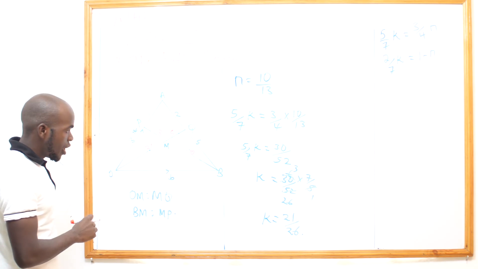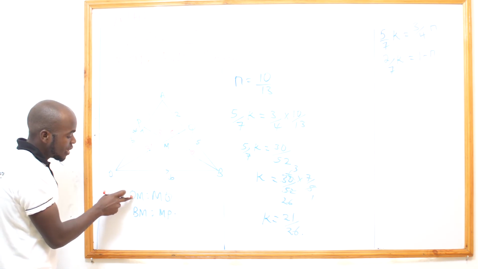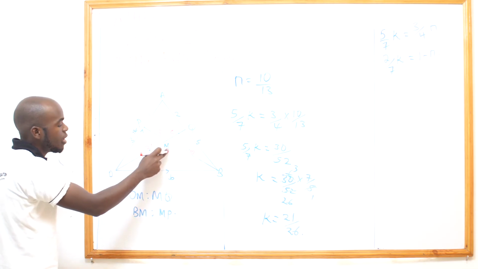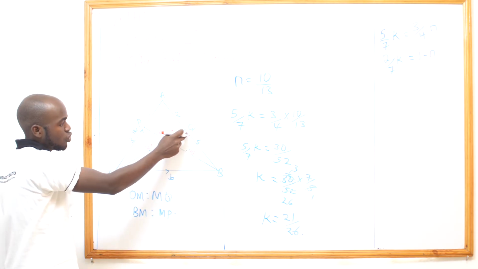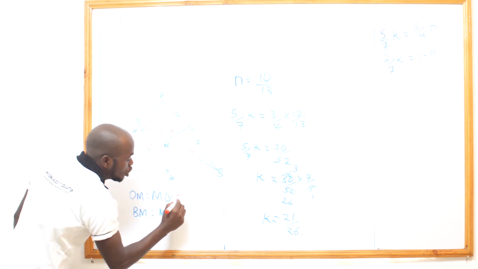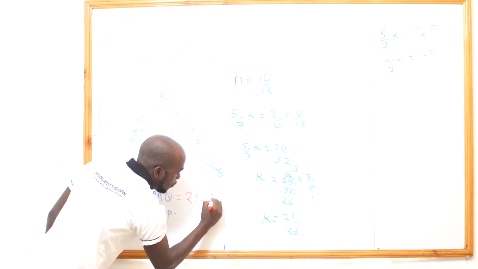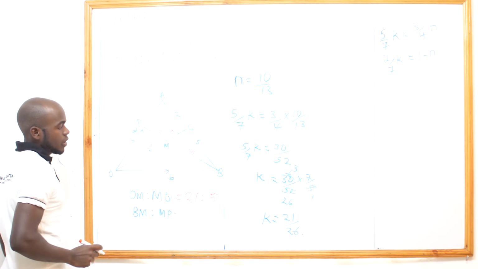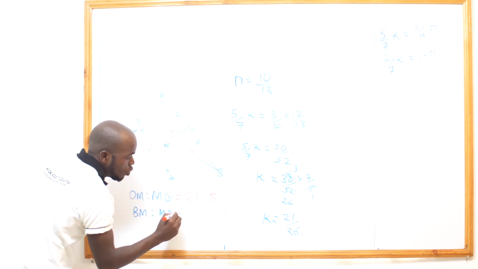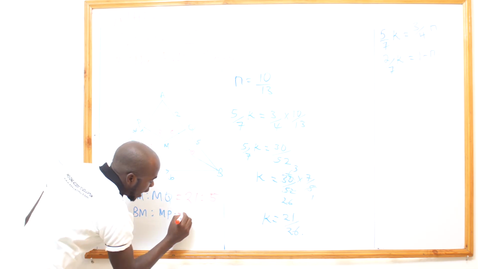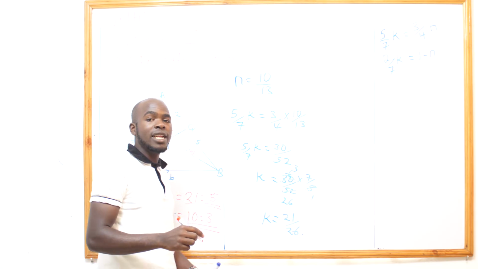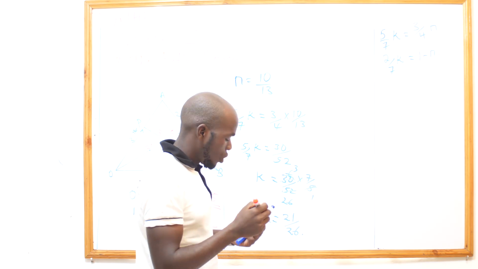So if we were told to calculate the ratio of OM to MQ, OM shall be 21 and MQ is 5. So this ratio is 21 to 5. The other one shall now be BM to MP is equal to the ratio of 10 to 3. And that is how we calculate the ratio using the ratio theorem.